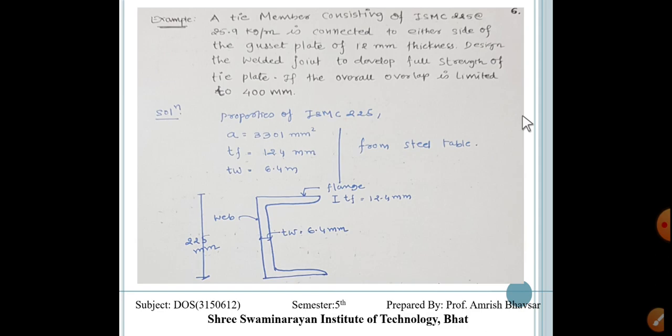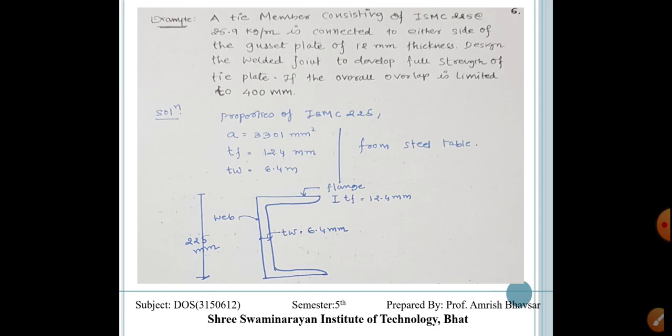Now this is our plate, but whenever we have an angle or a channel, how can we get the welding for that connection?